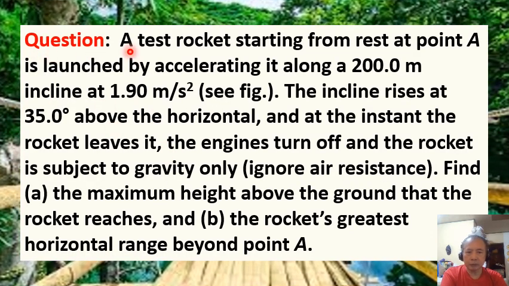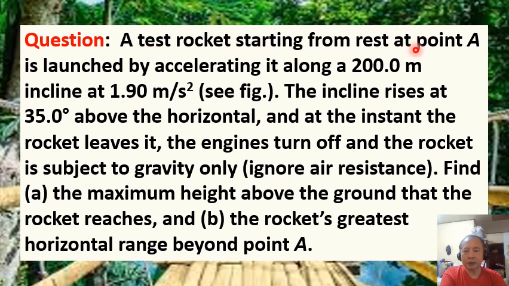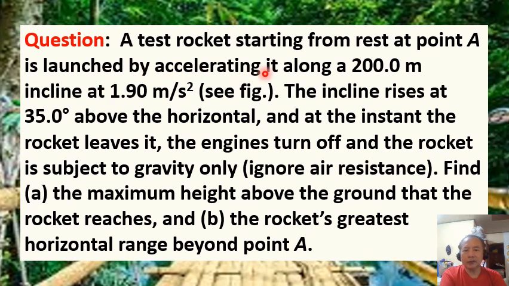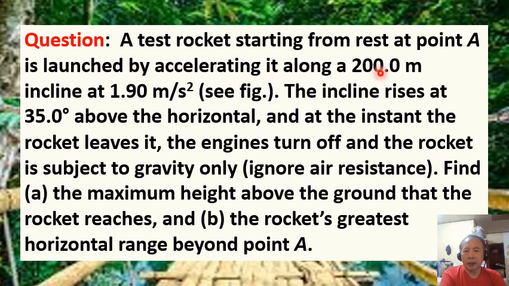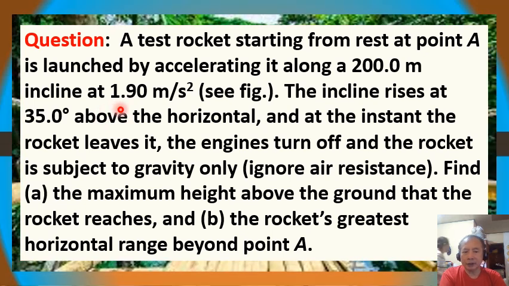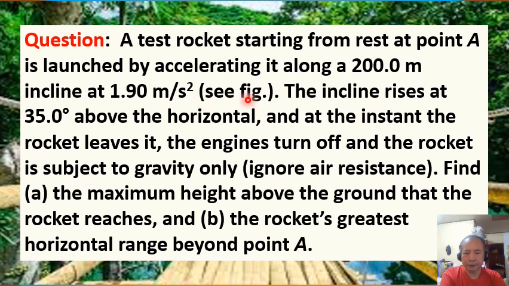The question is: a test rocket starting from rest at point A is launched by accelerating it along a 200.0 meter incline at an acceleration of 1.90 meters per second squared.